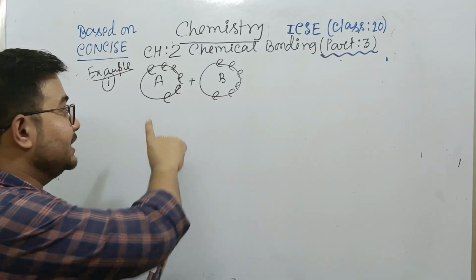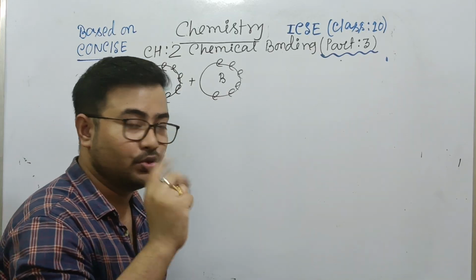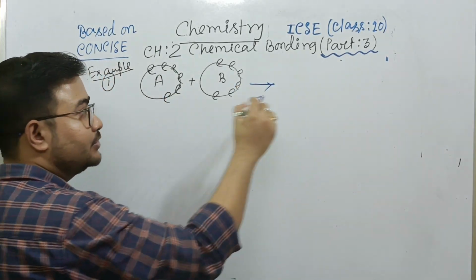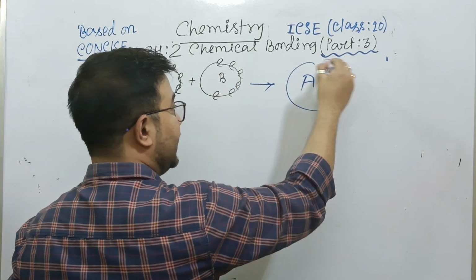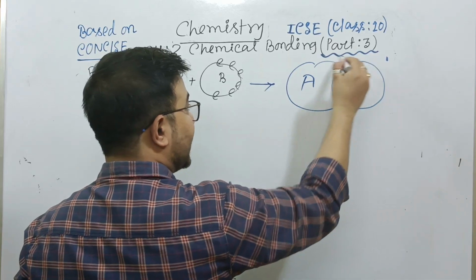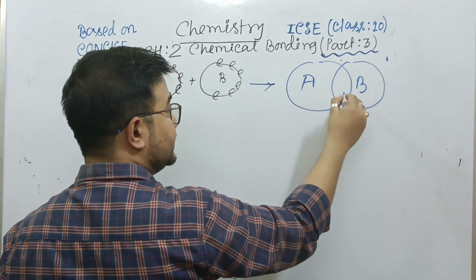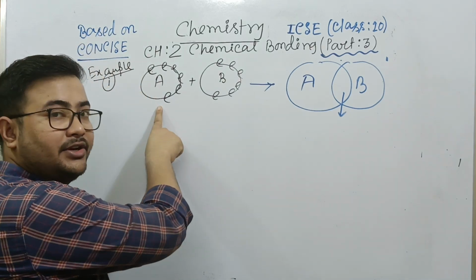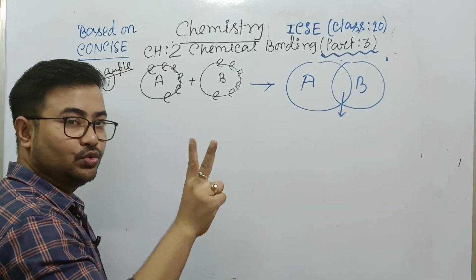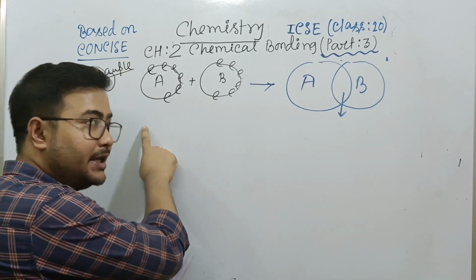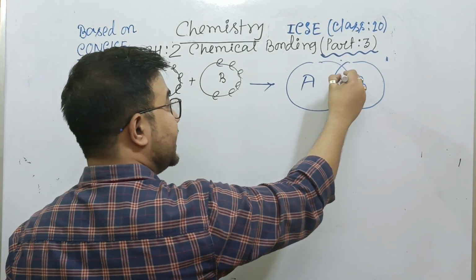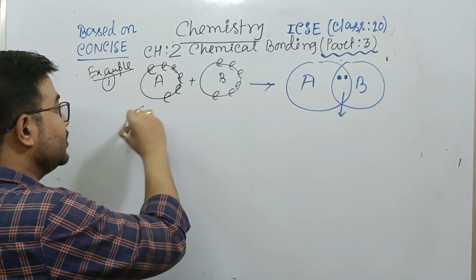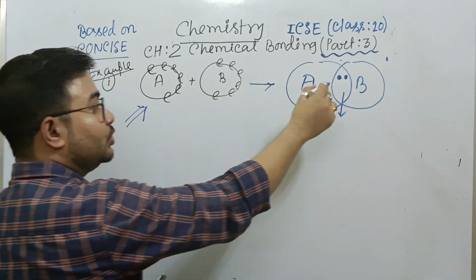But instead of accepting these 2 electrons, A and B try to create a common space. This is known as common space. How many electrons will be required here to fill up the octet? 2. So instead of accepting, this A donates 2 electrons.